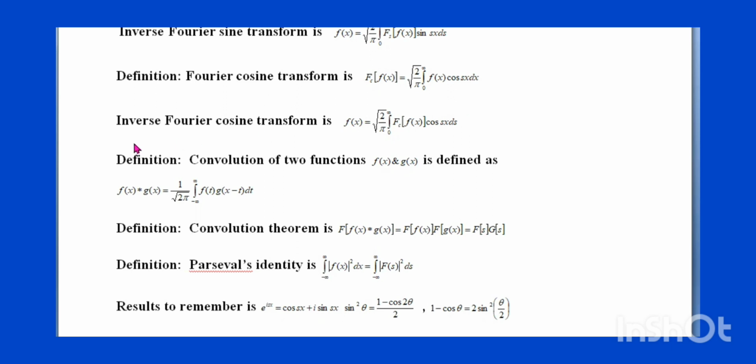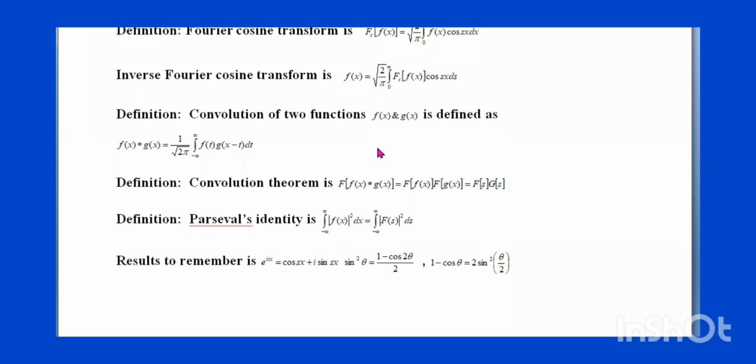The inverse Fourier cosine transform is small f of x is equal to root of 2 divided by pi, integral over the limit 0 to infinity, Fc of f of x into cos sx ds. This is the inverse Fourier cosine transform formula.